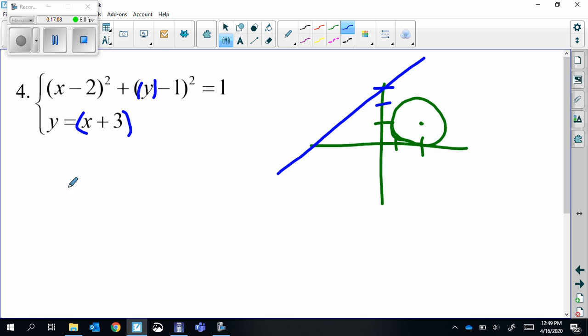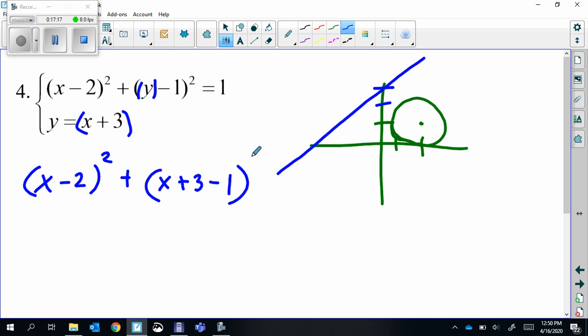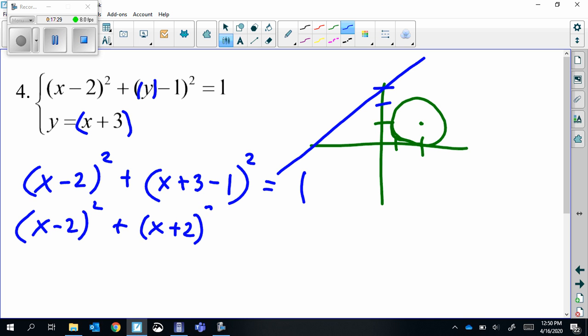Replace y with what it equals. So this is x minus 2 squared. And this is x plus 2 squared.